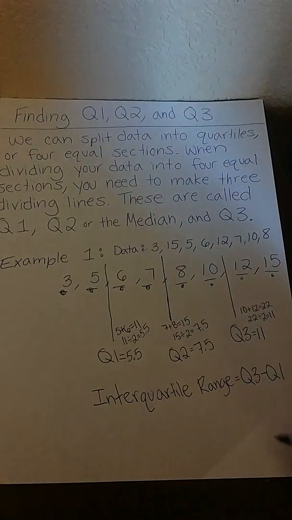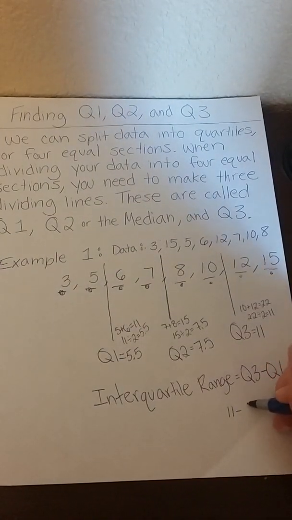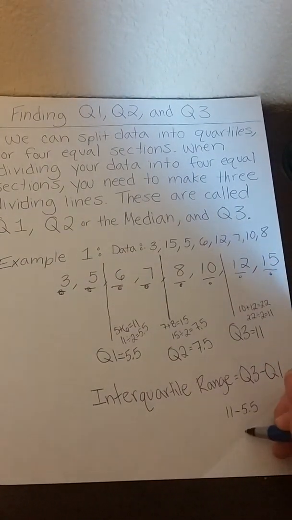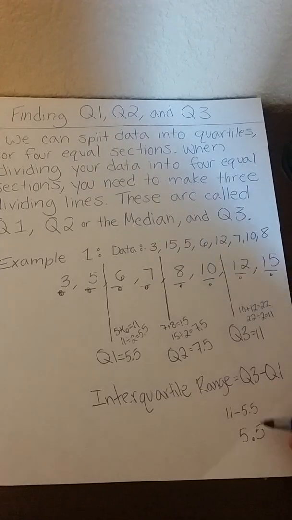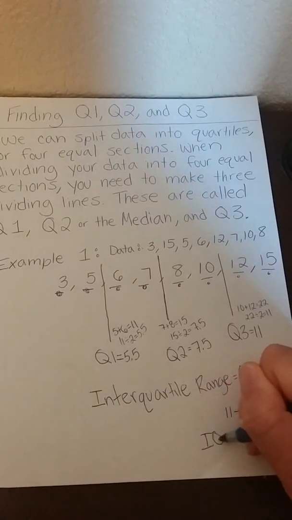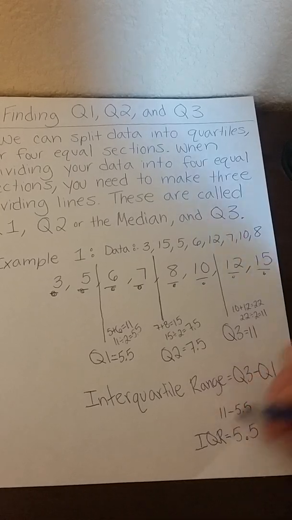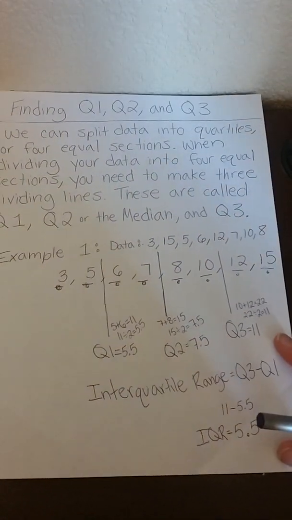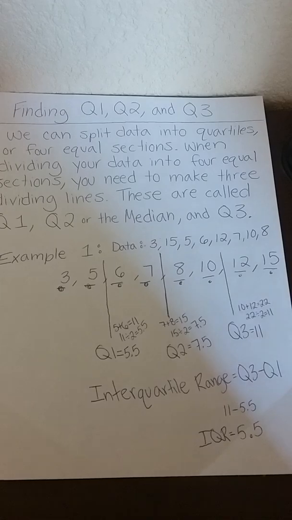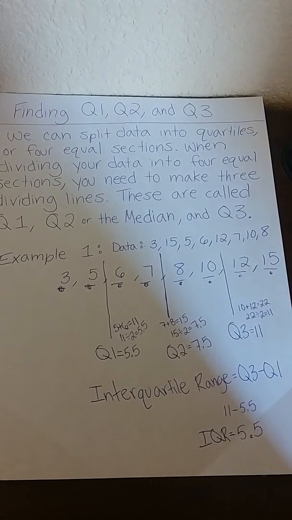So in this case, my interquartile range is 11 minus 5.5, which actually is 5.5, and we call this the IQR. So this problem has an IQR of 5.5. IQR tells you how spread out something is.